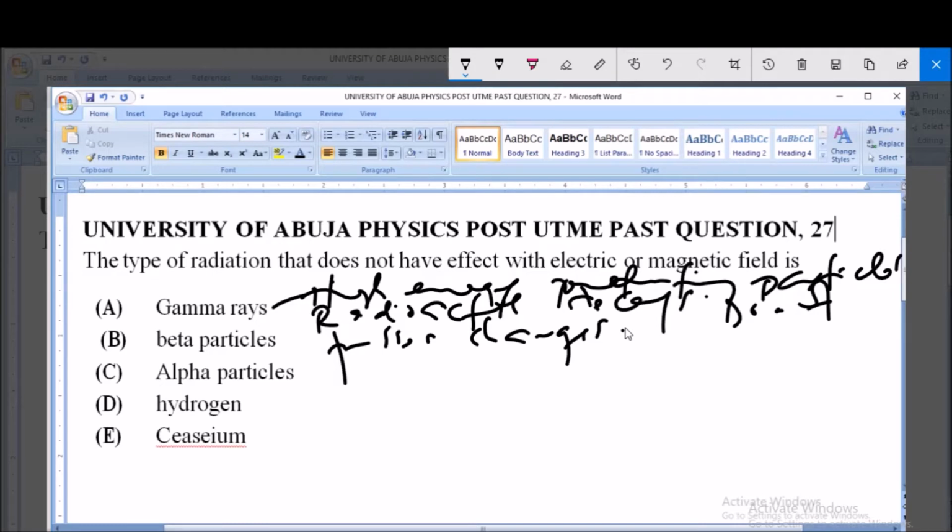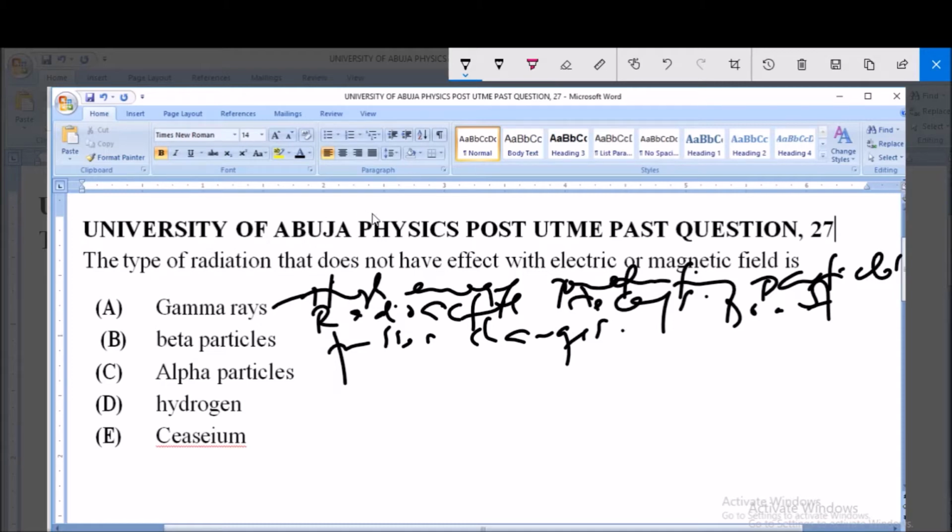Now, if a particle does not have charges, it will not be affected by an electric or a magnetic field. The reason is because a magnetic field has two different poles, N and S pole, and an electric field has a positive and a negative charge. For a particle to be affected, it needs to have a charge, thereby responding to the various charges.